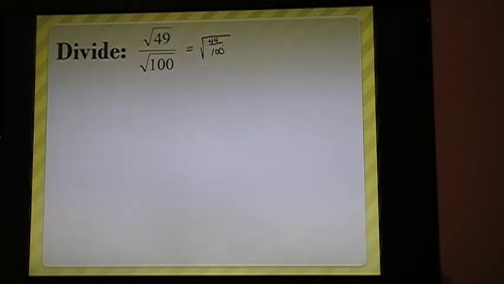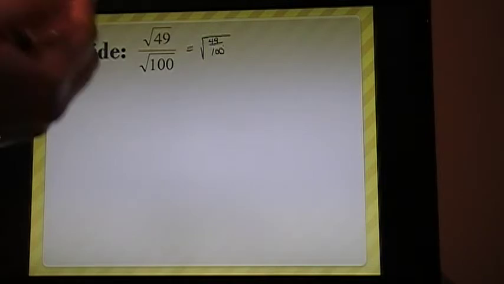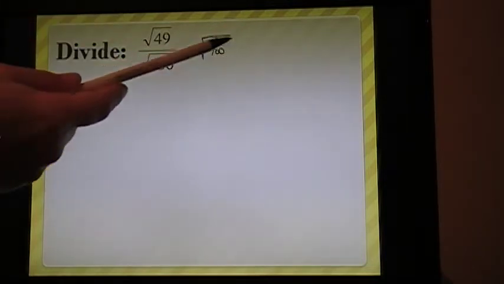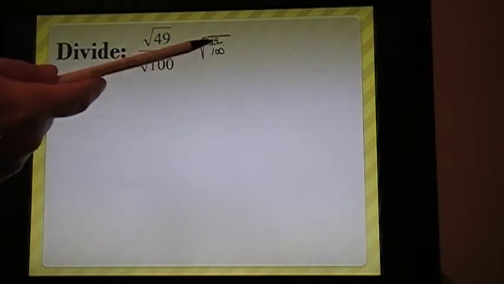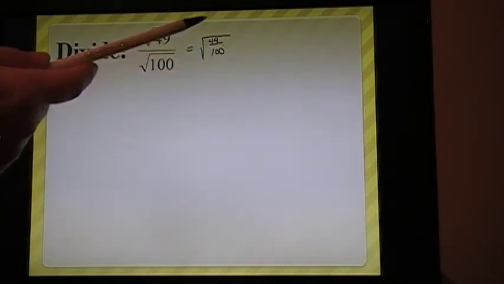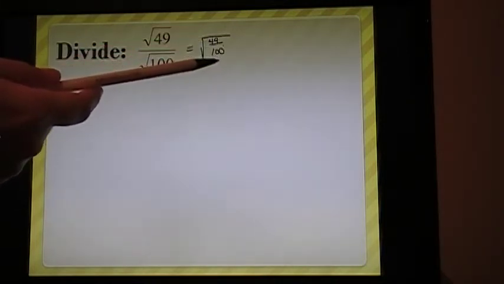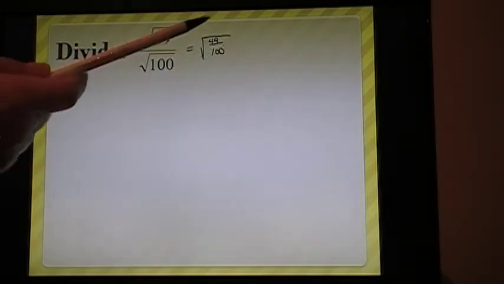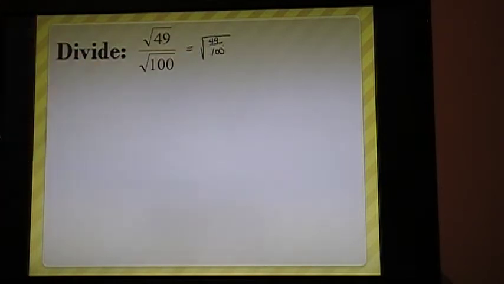But rewriting it that way does nothing to help me out. The only time it's helpful to have it as a single fraction is if you end up with a fraction that will reduce. 49 over 100 does not reduce, so rewriting this was not helpful at all. Sometimes it is, sometimes it's not. You do want to think about it before you proceed.